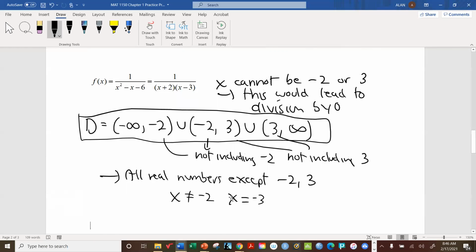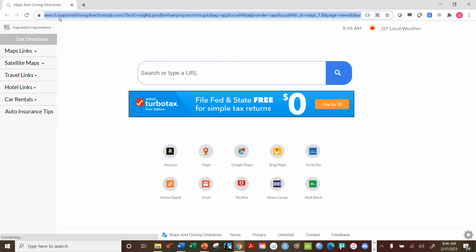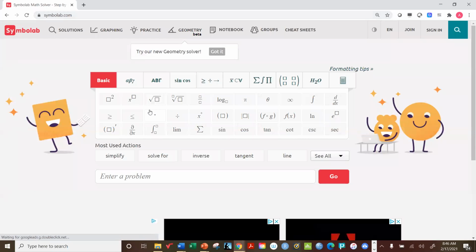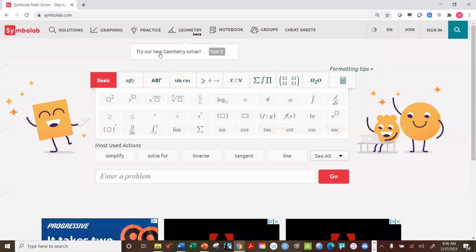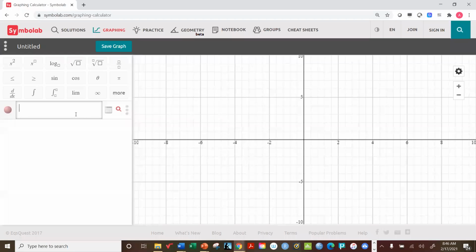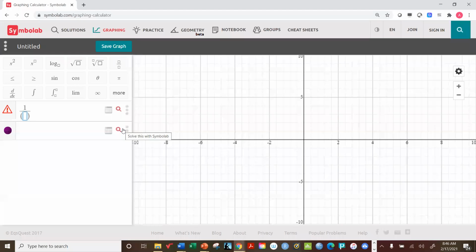Now, let's go visit Symbolab. I think I introduced this one week. It's a very good tool for graphing these types of insanely complicated functions. So let's see. We're going to have 1 over x plus 2 and x -3.